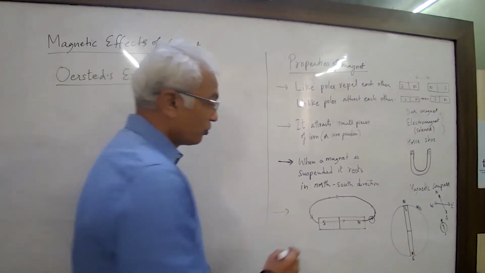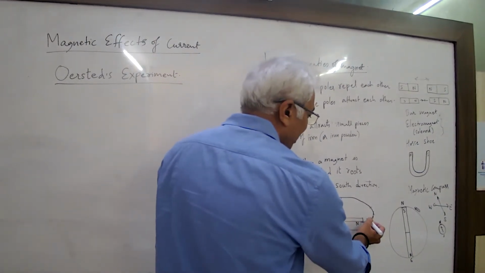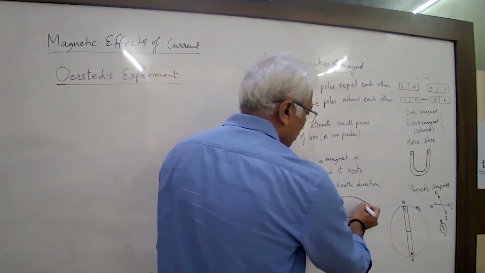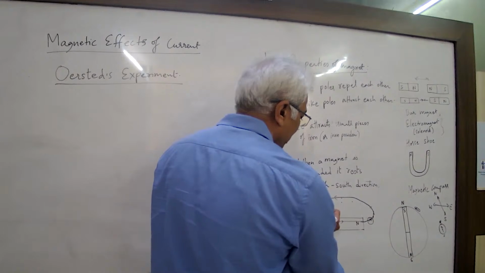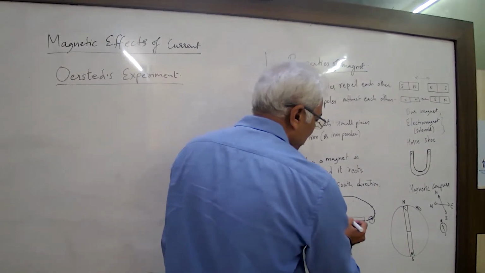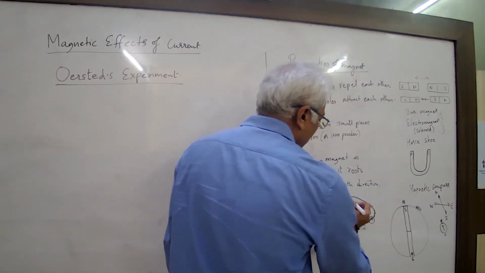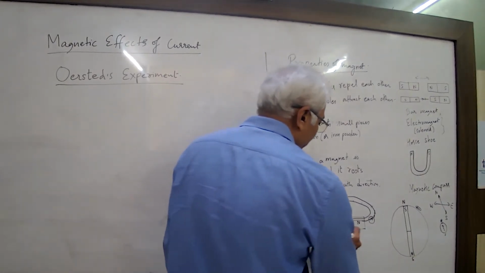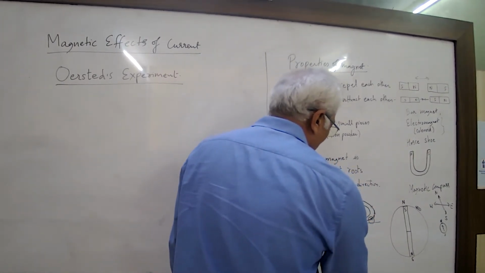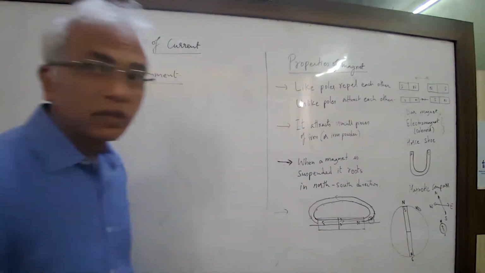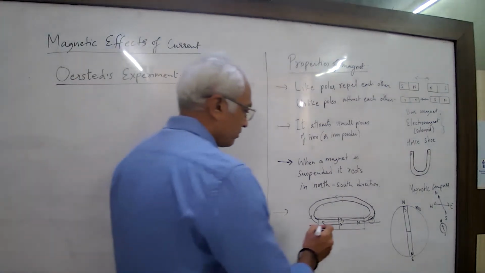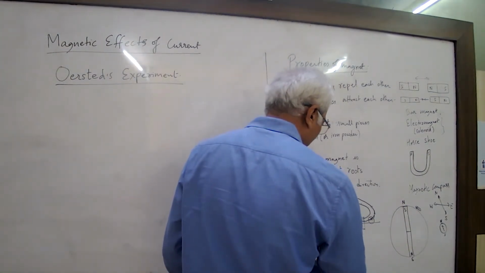Again we keep the compass here, get different dots, and join them together. So we get many field lines. Likewise we can draw field lines. So what is a field line? It represents the magnetic field of the magnet, and it also gives the direction of the field.